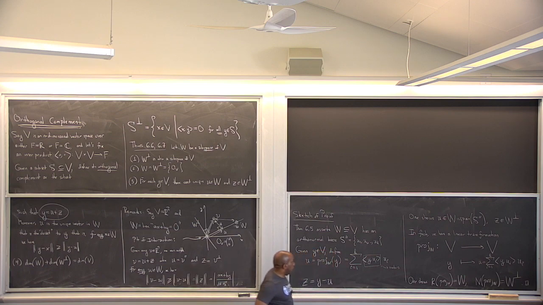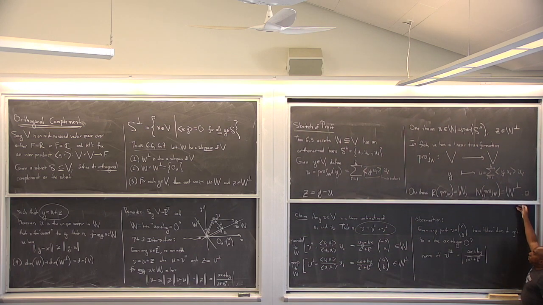So again, the range is W. The reason being, if I have an element over here, that is exactly in the span of S double prime. But the span of S double prime is exactly what we're calling W. And then the hard part is to show that the elements that map to 0, that is what's in the null space, are exactly those that are perpendicular.